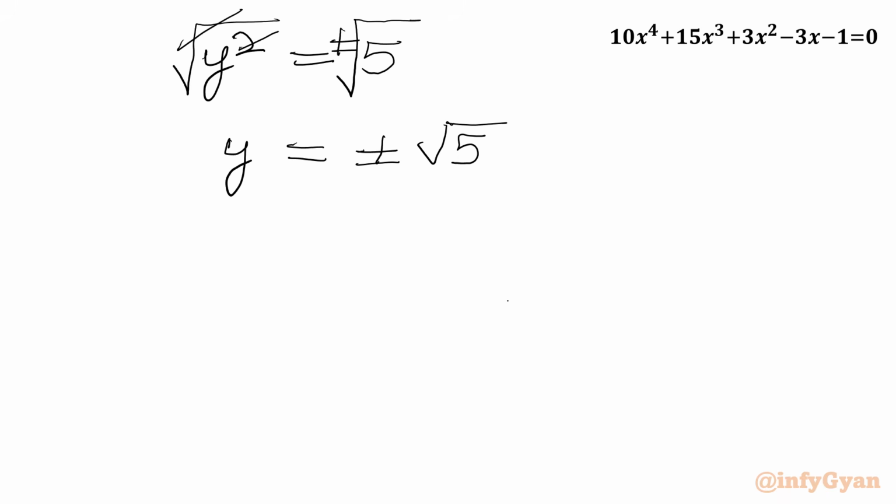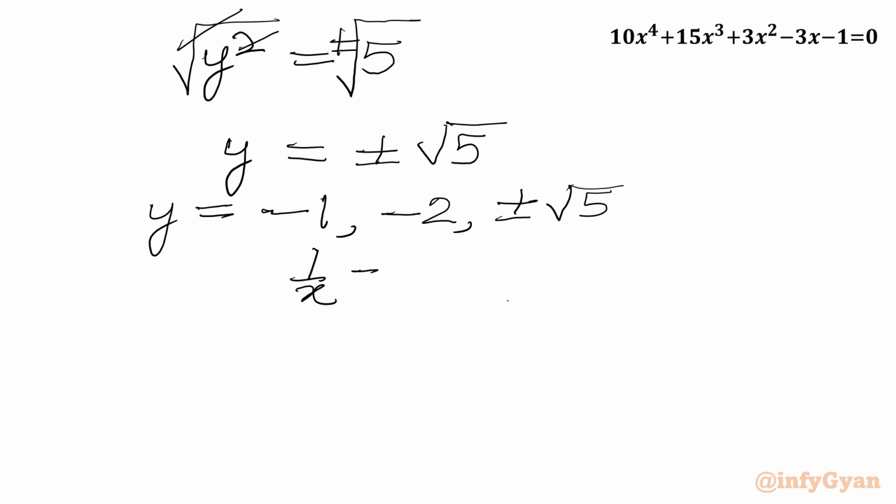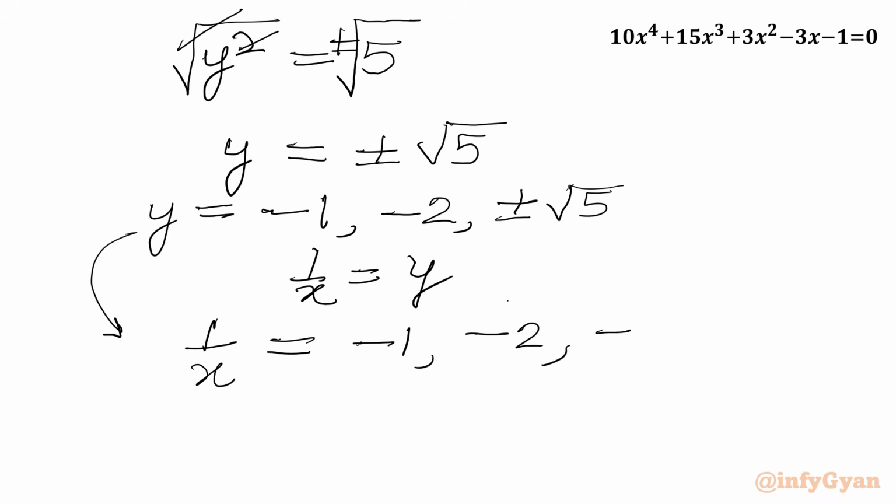So we have 4 solutions over here. Y will be equal to the first base solution minus 1, minus 2, plus minus square root 5. Y was our substitution. It is 1 over x. So in place of y, we can write 1 over x equal to minus 1, minus 2, plus minus square root 5.